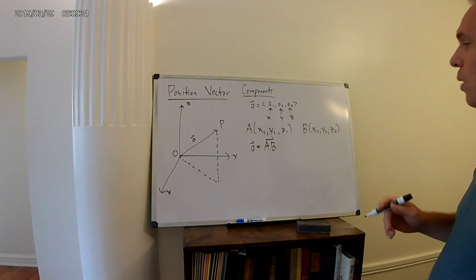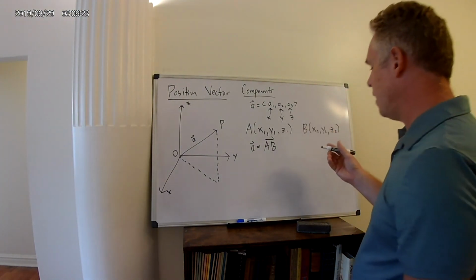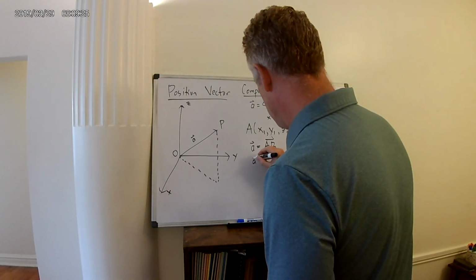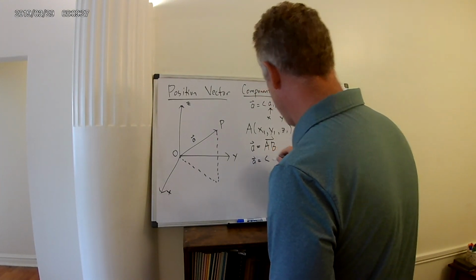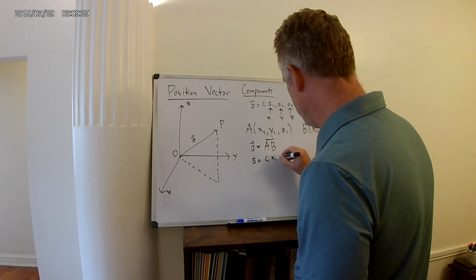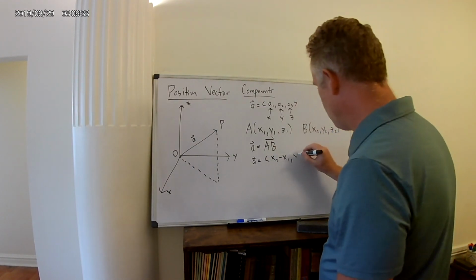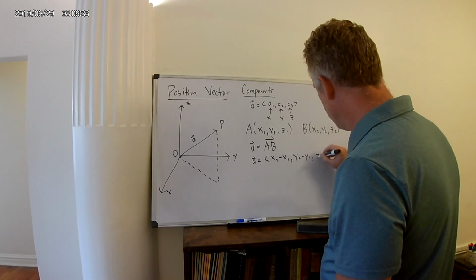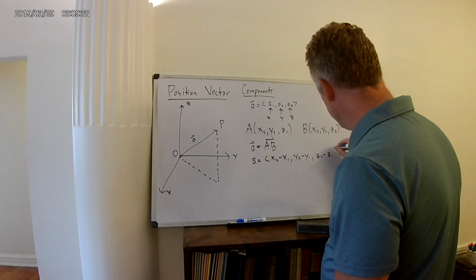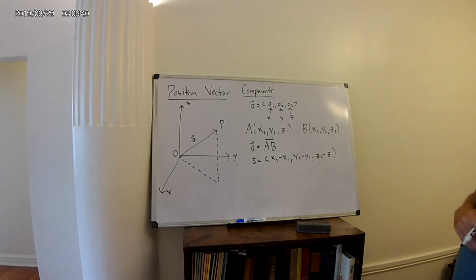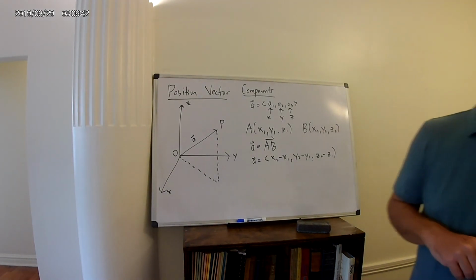How do we find the components of the vector A? Well, it turns out the components of the vector A are simply x2 minus x1. That's the x component, y2 minus y1, and z2 minus z1, okay? This is if you have 2 points in space. Maybe I should do an example here.